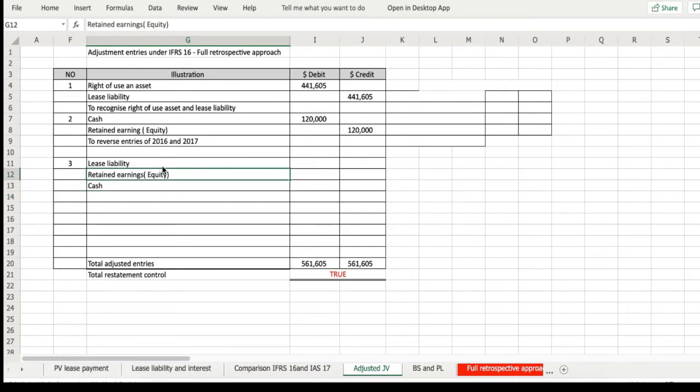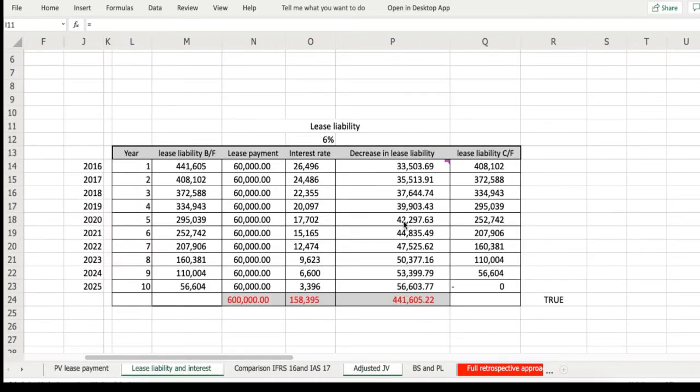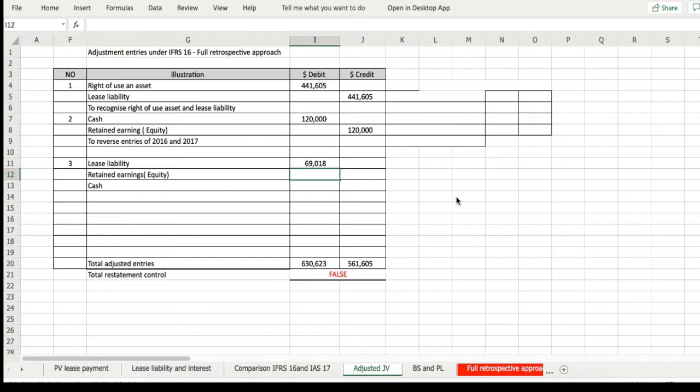The lease liability for these 2 years, 2017 and 2016, would be from here, from the lease liability here, plus 2015, which would give us 69,018.